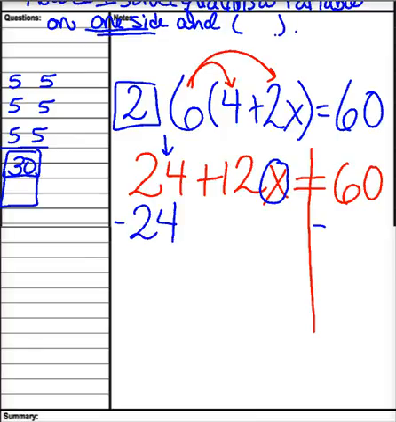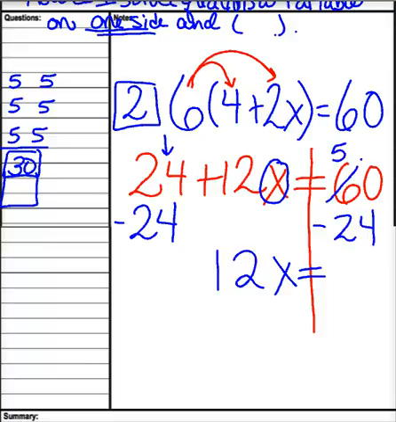Whatever I do to the left, I have to do to the right. On the left, the 24s are gone, and I've got 12x is equal to 60 minus 24. Shouldn't need to take out a calculator, is 36.